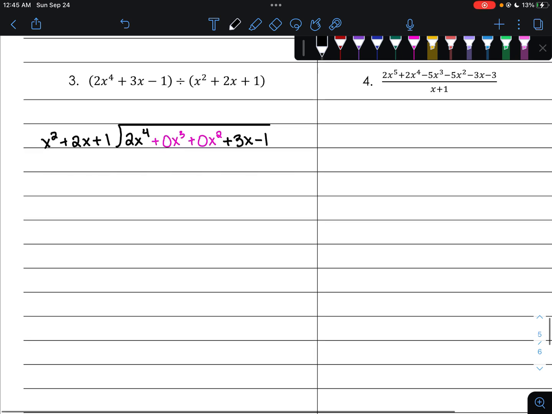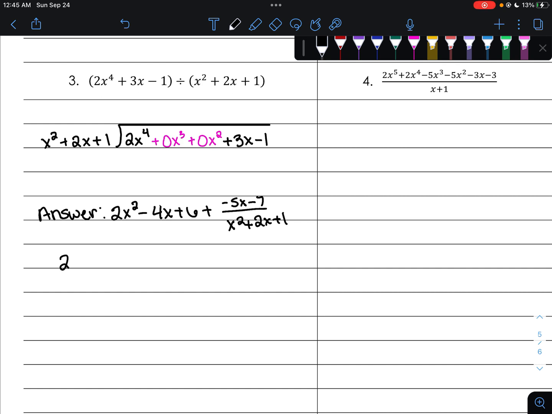Okay, so hopefully you gave it a try. I'm just going to write the answer, and if you have a question and you don't get the same thing, please make sure that you ask me in class. So we have 2x squared minus 4x plus 6. This one did have a remainder, and it was negative 5x minus 7 all over x squared plus 2x plus 1.